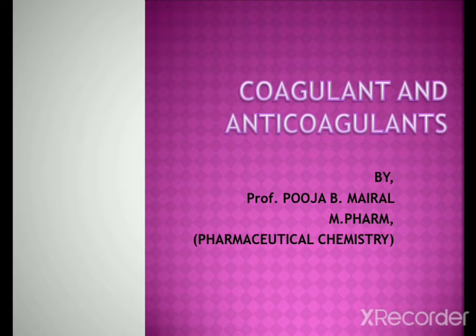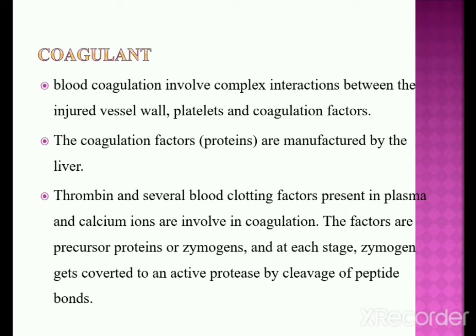Today we will discuss coagulant and anticoagulant. So what is coagulant? Coagulation, or blood coagulation, involves complex interaction between the injured vessel wall, platelets and coagulation factors. The coagulation factors, such as proteins, are manufactured by the liver. Thrombin, several blood clotting factors present in plasma, and calcium ions are involved in coagulation.